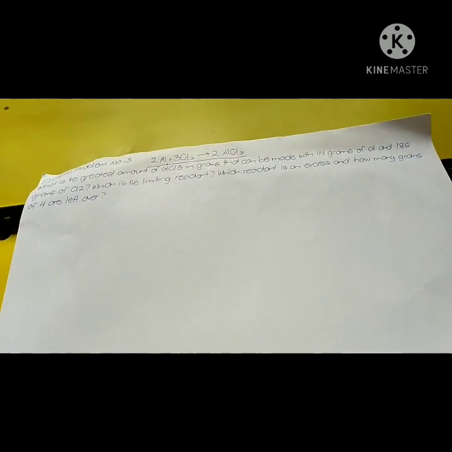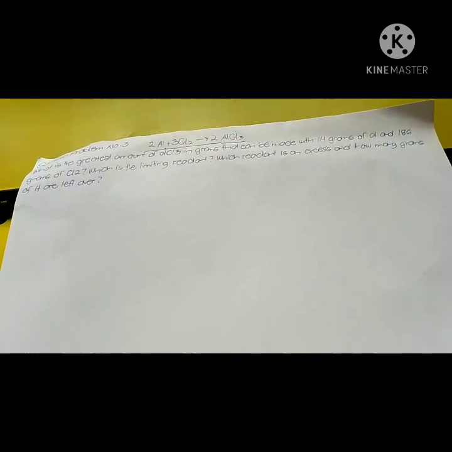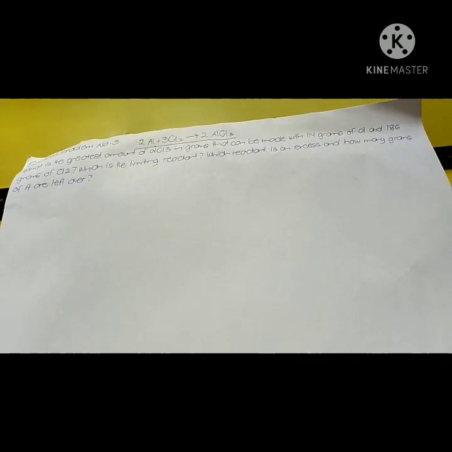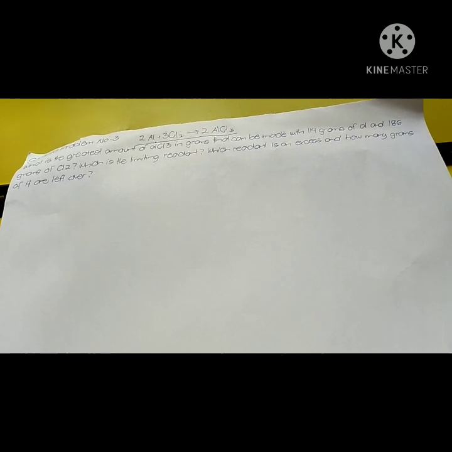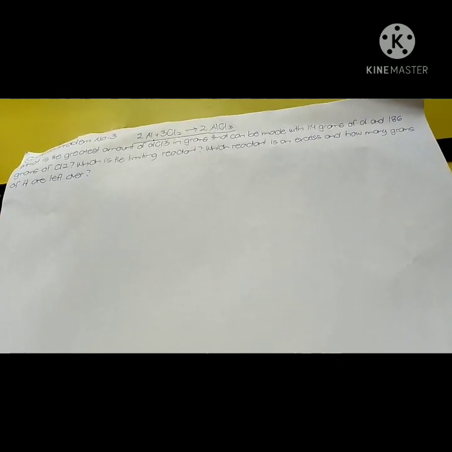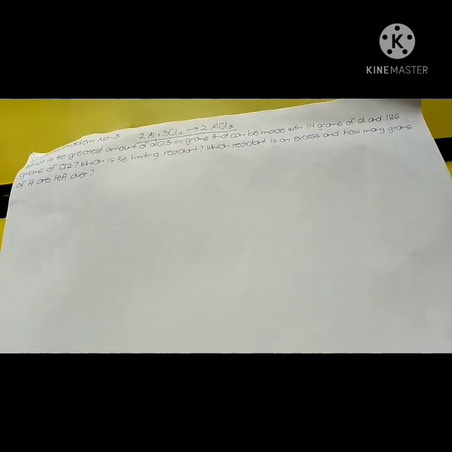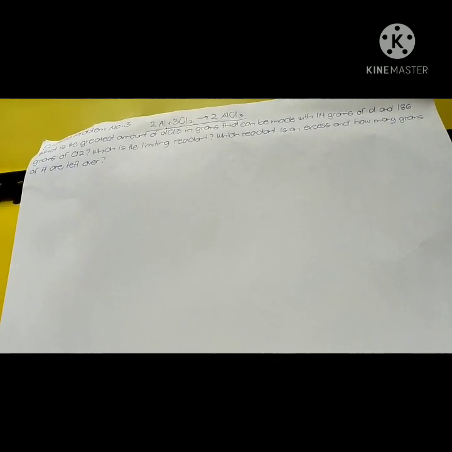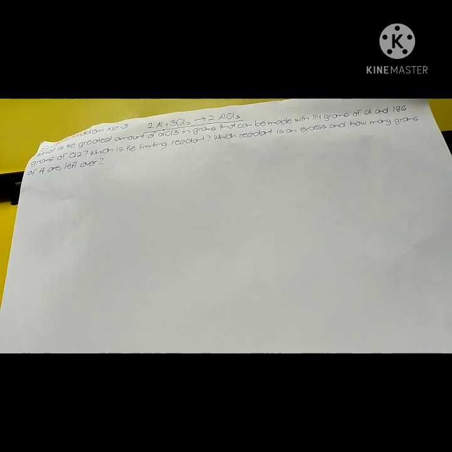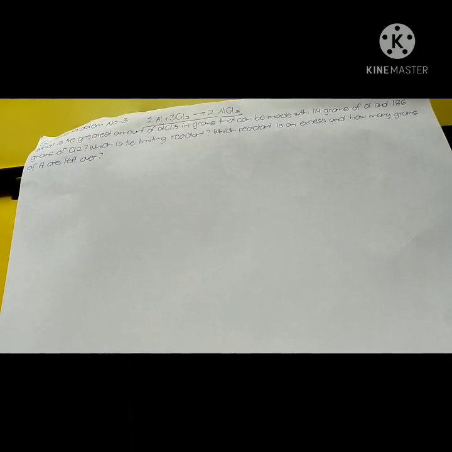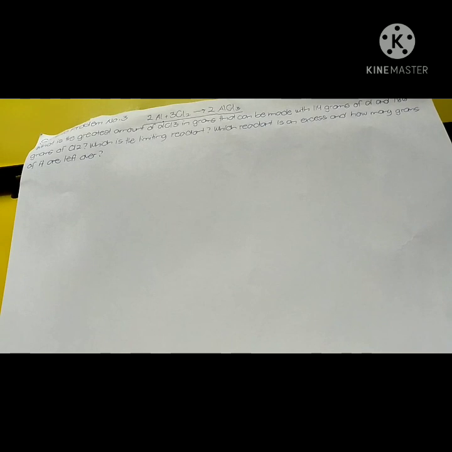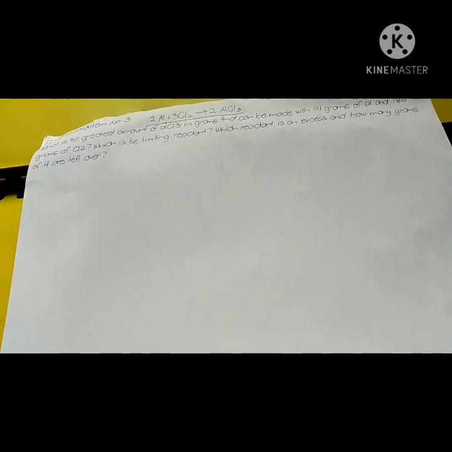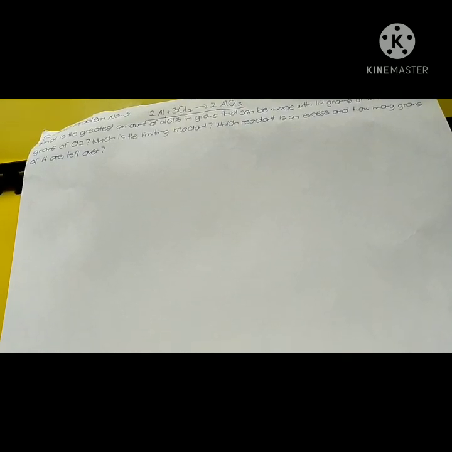Okay, so to start out this kind of problem, the first thing we've got to do is figure out what the limiting reactant is. Is it aluminum or is it chlorine? To figure that out, we plug some stuff into this equation, and in order to do that, we have to have them in moles. So how many moles of each reactant do we have?